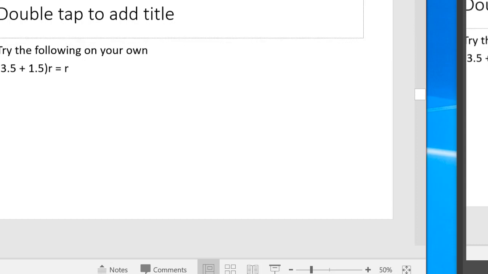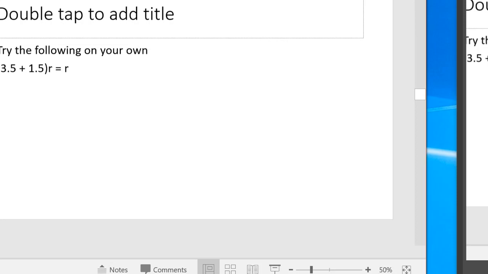All right, can someone walk me through the process of how I would do this problem? If I have 3.5 plus 1.5 r is equal to r, what am I going to do? For r? I heard solve for r.